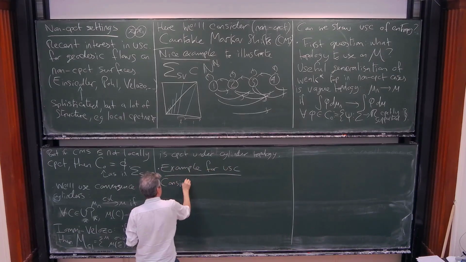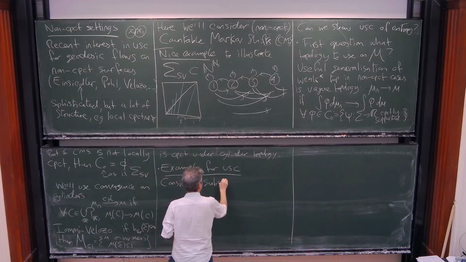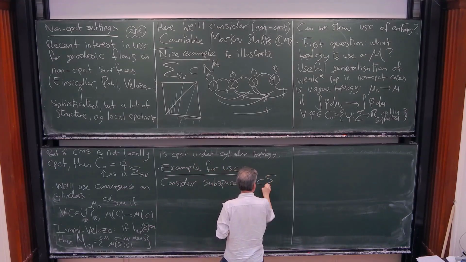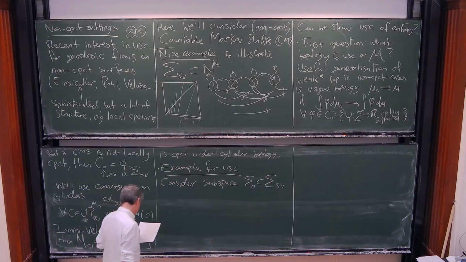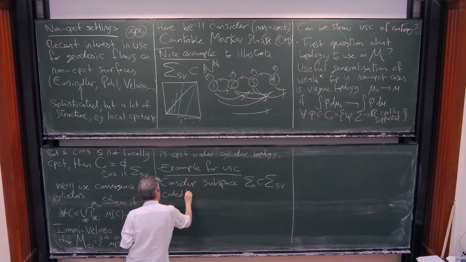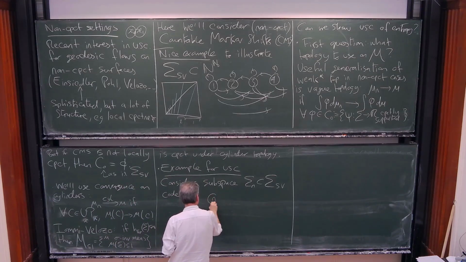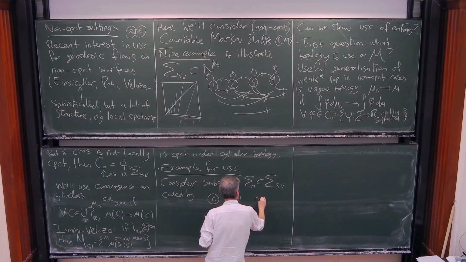Consider the subspace sigma n of sigma. I'm going to take a subspace coded by just 3 symbols: I fix n, and then I look at the 3 symbols n, n plus 1, and n plus 2.